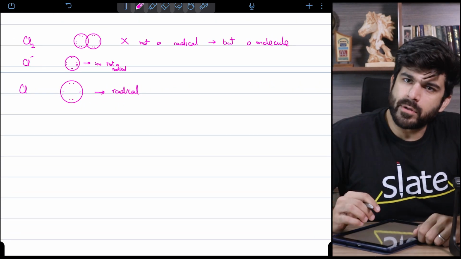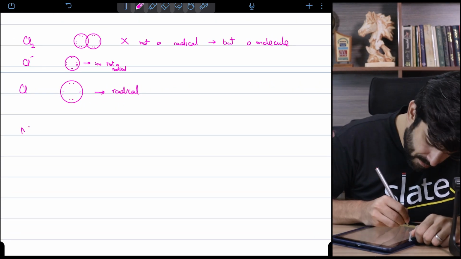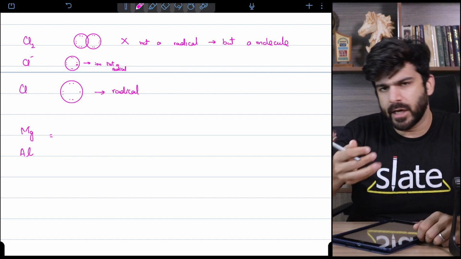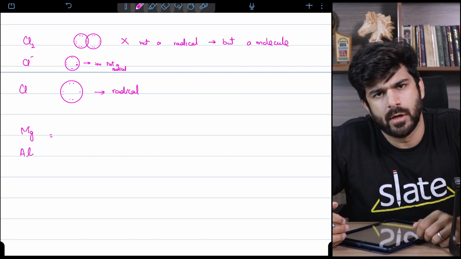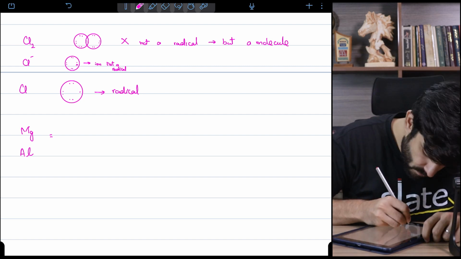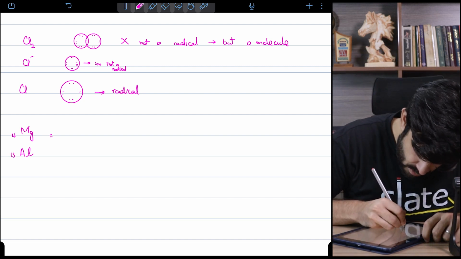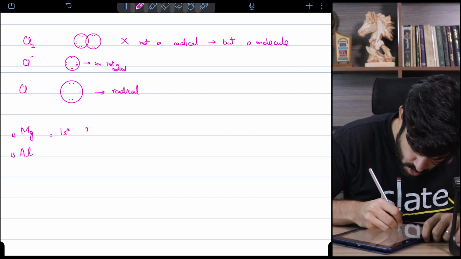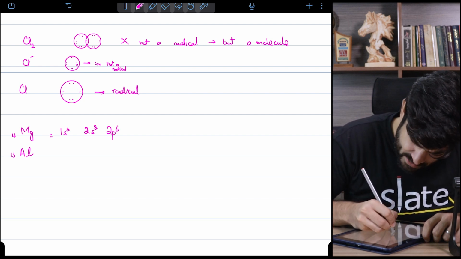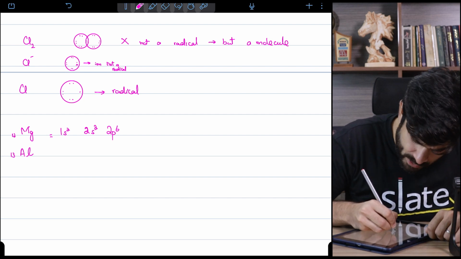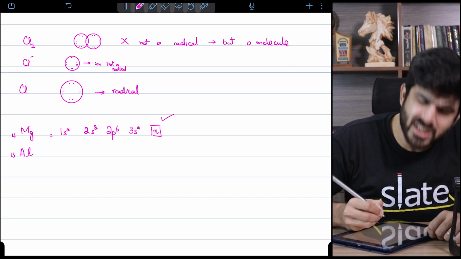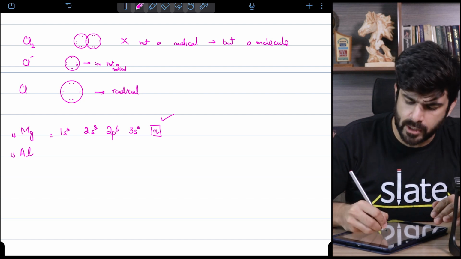So if we talk about atoms like magnesium or aluminum, they can ask you if these are radicals or not. We need to make the electronic configuration there. 1s2, 2s2, 2p6. Now let's jump to the valence one, 3s2. This is paired, not a radical.